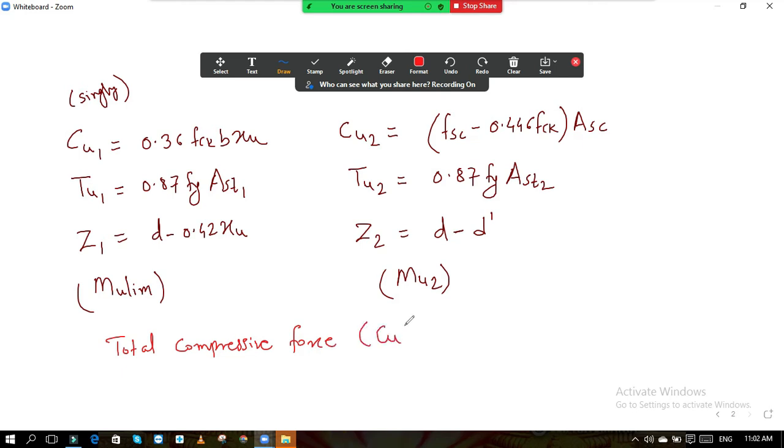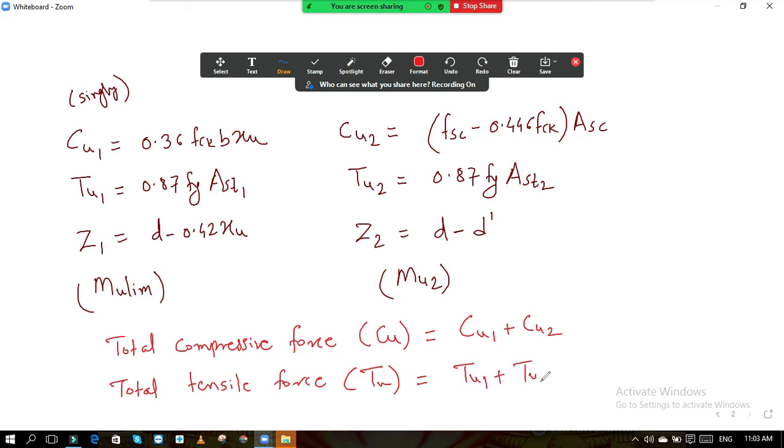This is your Cu, which is nothing but Cu1 plus Cu2. Here your total tensile force, that is Tu, total Tu. So it is Tu1 plus Tu2. Okay. So take the screenshot of this. This is very important.